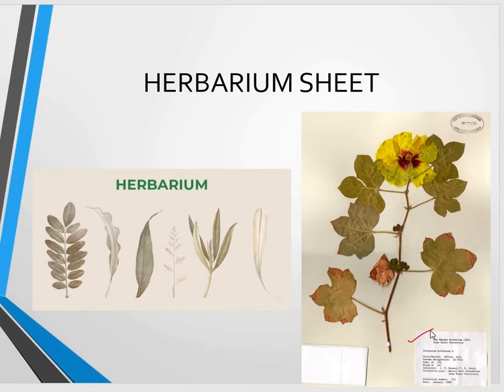So by maintaining these sheets for different plants, we can have a general idea of the type of leaves, the type of flowers, and the other information which will be used for the classification of the different plants.